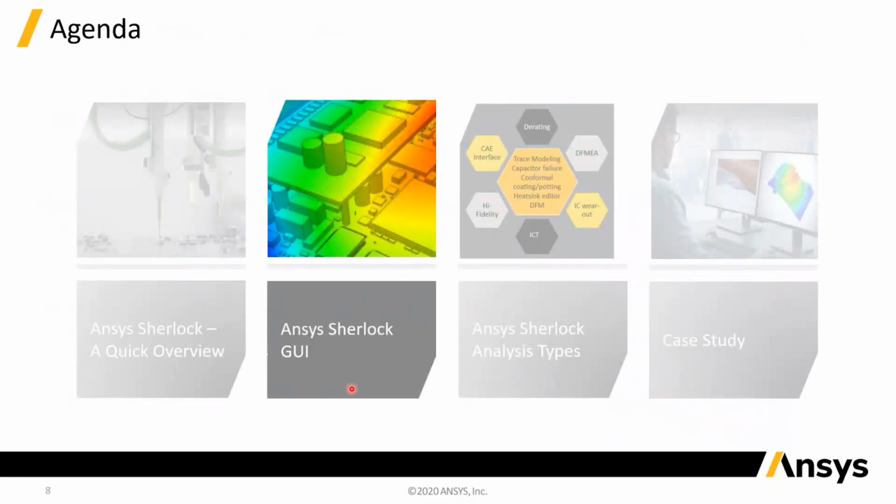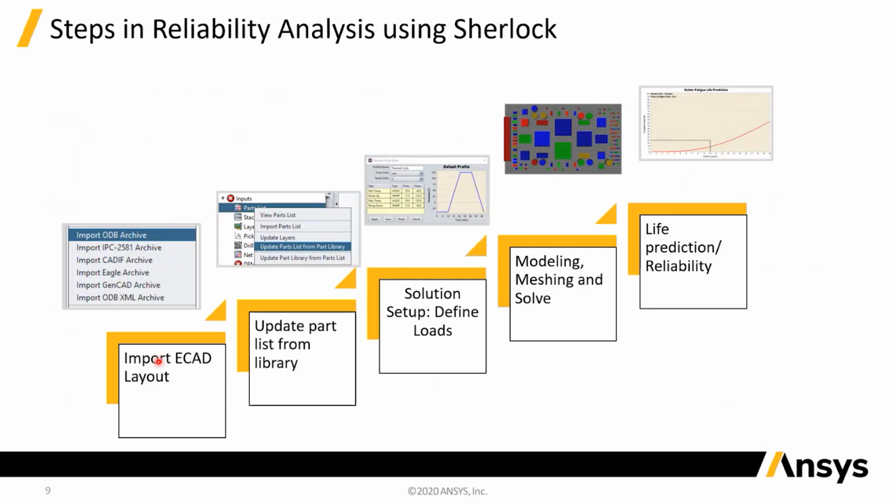Now coming to the Sherlock GUI, the workflow starts with importing the ECAD file. It could be ODB++ or IPC2581, or it could be some other files like Gerber. Followed by that, we have a lot of libraries inside Sherlock that convert your ECAD into MCAD. So we update the ECAD and the part list inside the ECAD from the libraries. Finally, we define some loading environment.